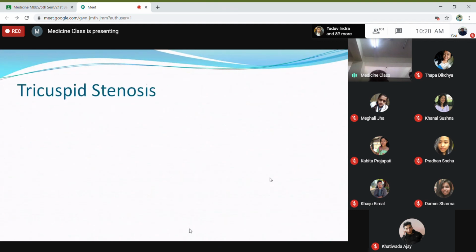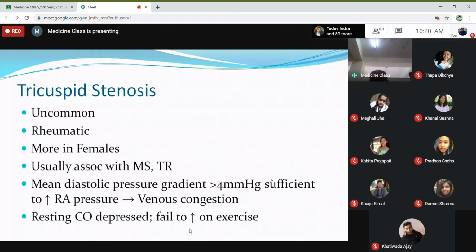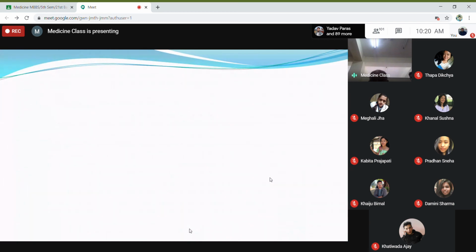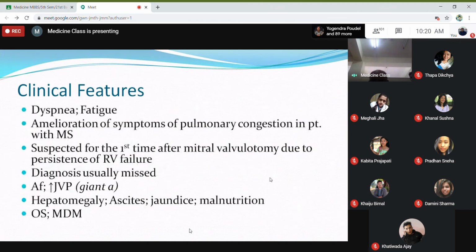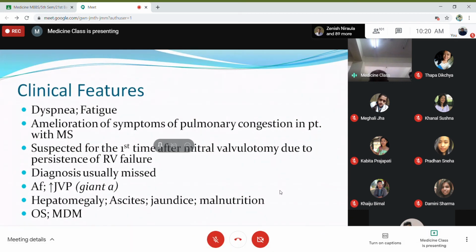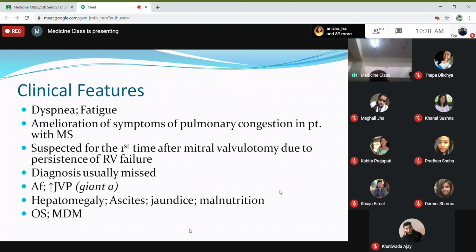In tricuspid stenosis, this is very uncommon and more in females, usually associated with mitral stenosis and tricuspid regurgitation. You will have clinical features like dyspnea, fatigue. There will be a decrease in symptoms of pulmonary congestion if it is associated with mitral stenosis.